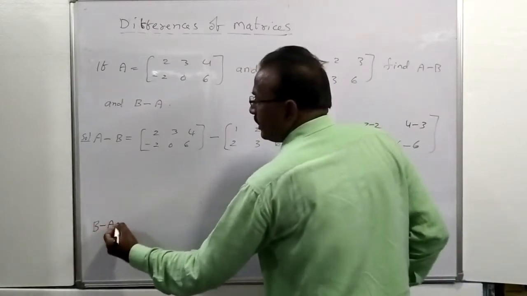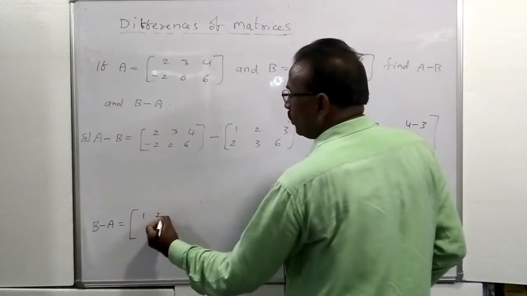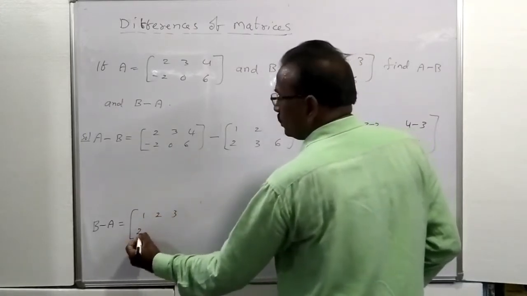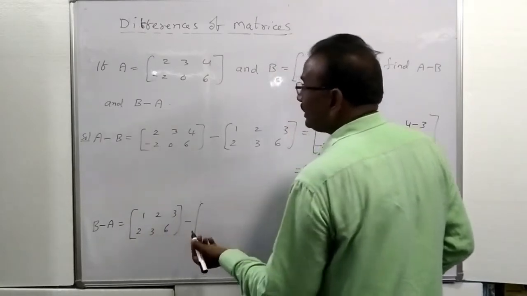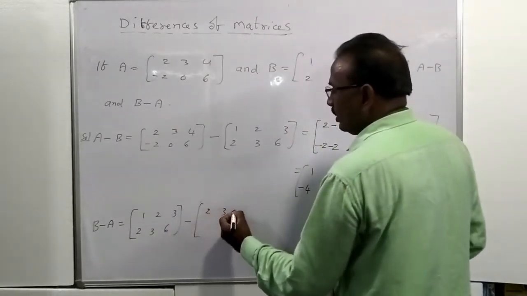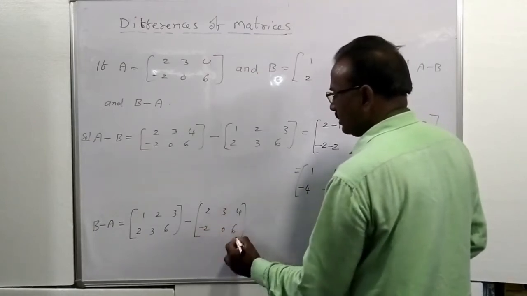B minus A is equal to, what is matrix B? [1, 2, 3; 2, 3, 6] minus matrix A, which is [2, 3, 4; -2, 0, 6].